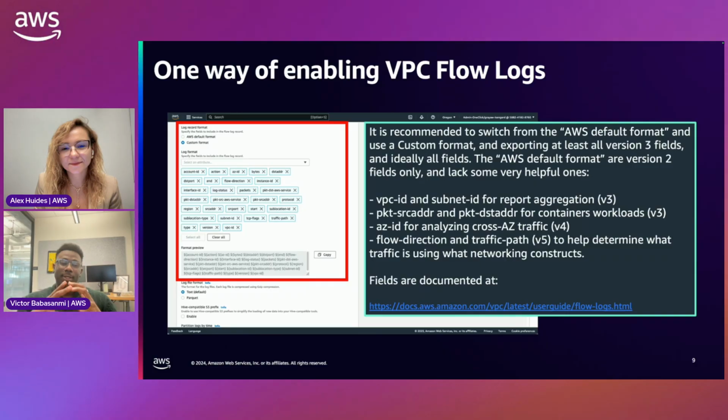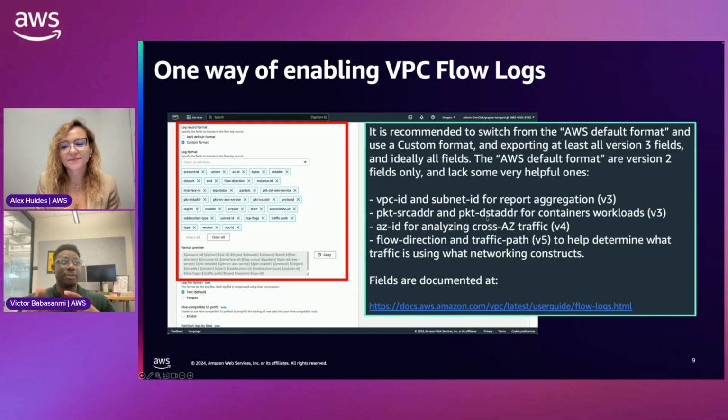And there are different versions of flow logs. We keep releasing new versions as we add new fields into the logs. If you see on my slide right there, I have some recommendations: if you're using version 3, for example, you would see packet source address and packet destination address.